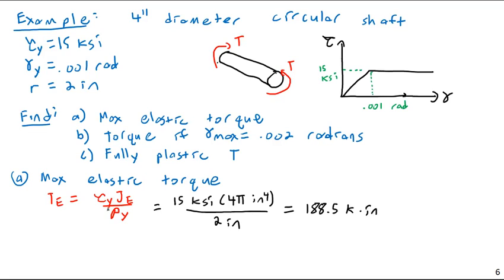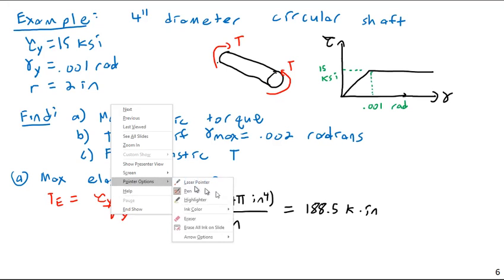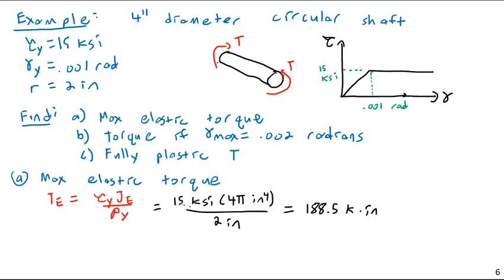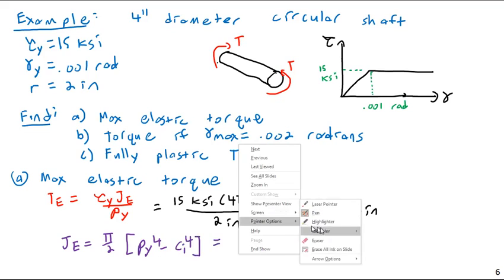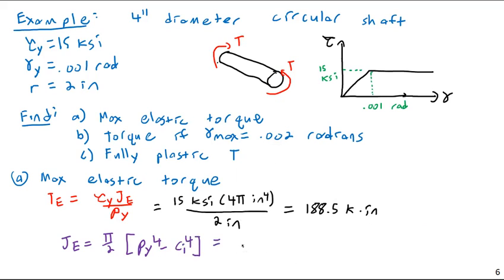And how I got J_E, let me actually illustrate that. I'm kind of doing this backwards, but that's okay. J_E, the elastic polar moment of inertia, is going to be pi over 2 times rho yield to the fourth minus c internal, the internal radius to the fourth, is equal to, again, just plug and chug.